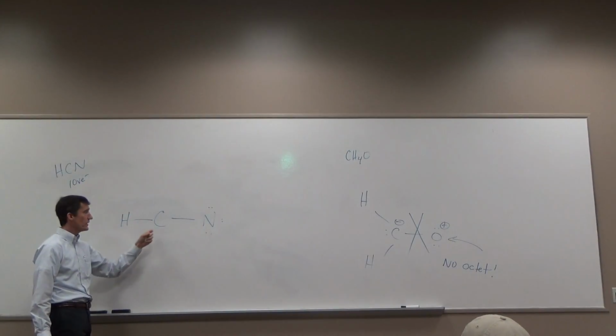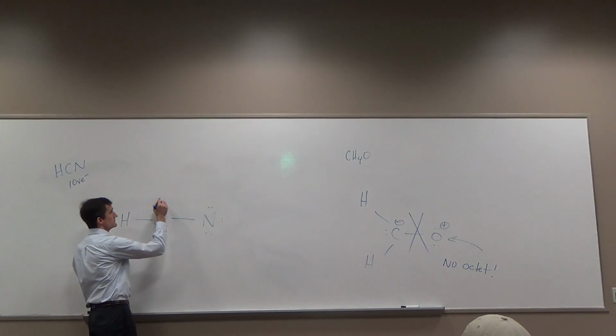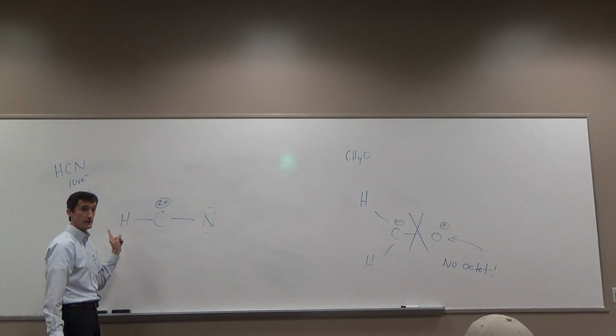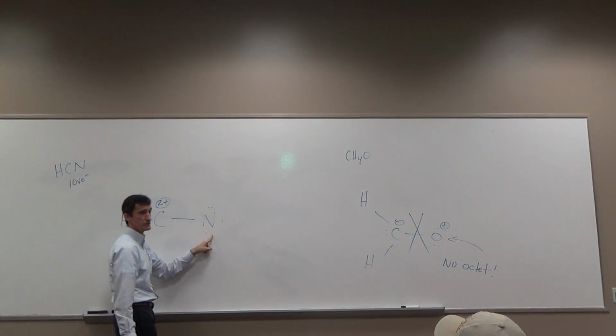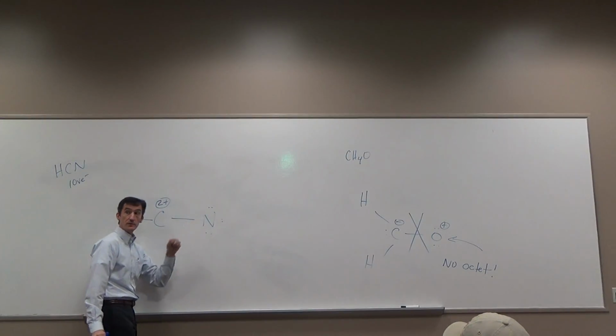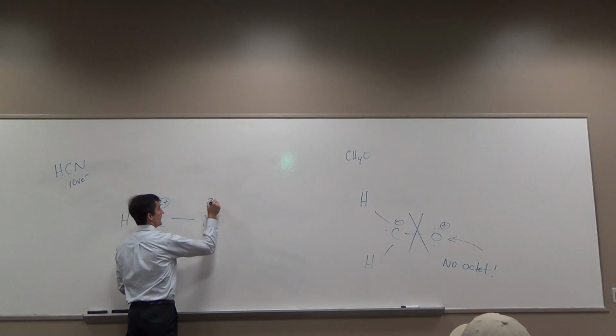Not standard bonding. What's the charge of the carbon here? Plus 2. 2 plus, right? It's only owning 2 electrons, 1 of each bond. How many is nitrogen owning here? 2, 4, 6, 1 of these, 7. It's only supposed to have 5, so what's this charge? 2 minus.